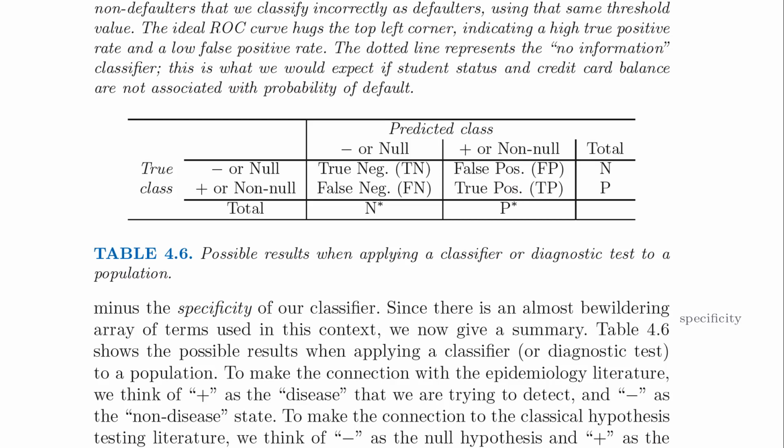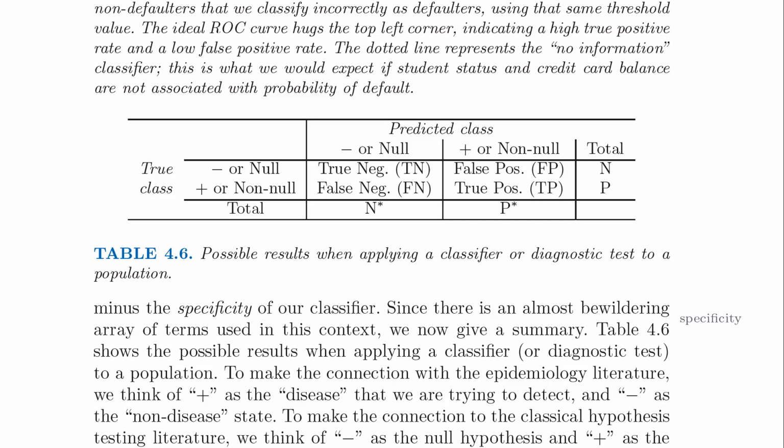Since there is an almost bewildering array of terms used in this context, we will now give a summary. Table 4.6 shows the possible results when applying a classifier or diagnostic test to a population.